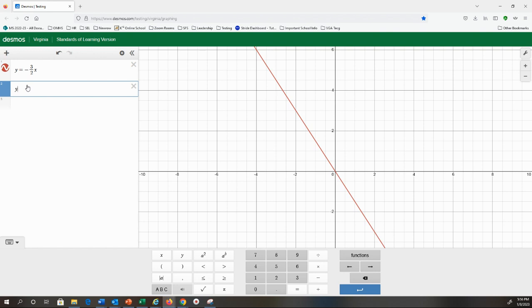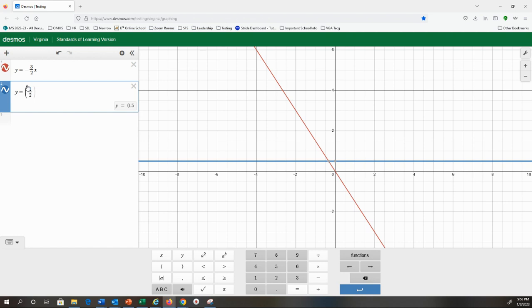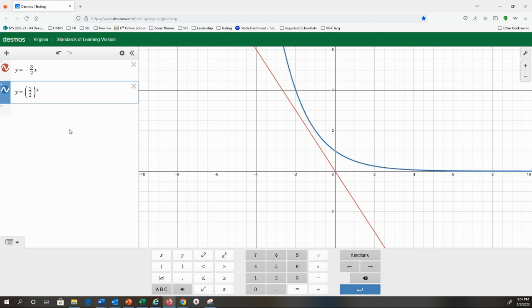All right, and the second graph here is 1/2 arrow over to the x power. You can use this key down here to do a variable b, meaning anything you want. It just puts it up top for you, and I'll type in x, and then -1. Just make sure you arrow over.